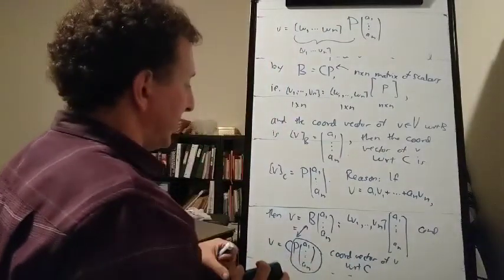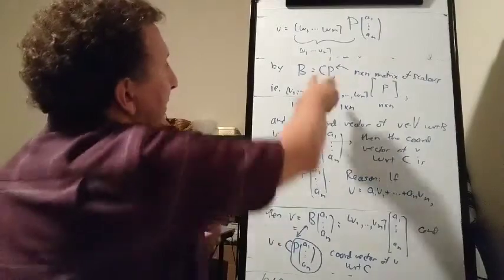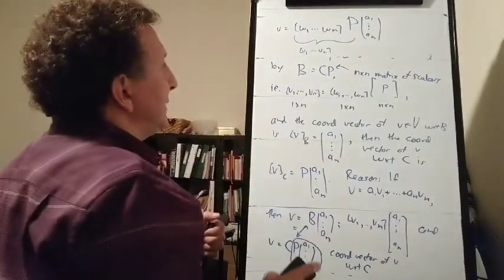So now the question is, how do we find this matrix P which relates the two bases B and C this way?